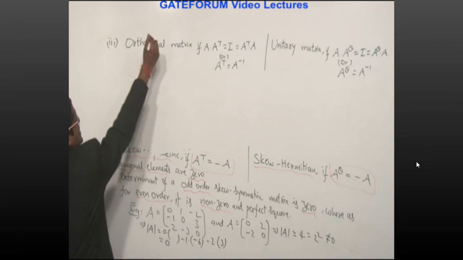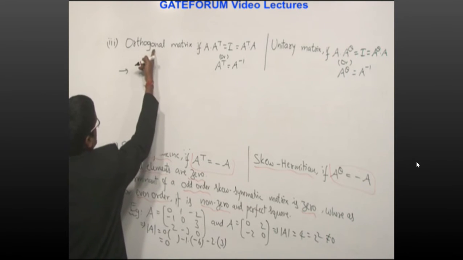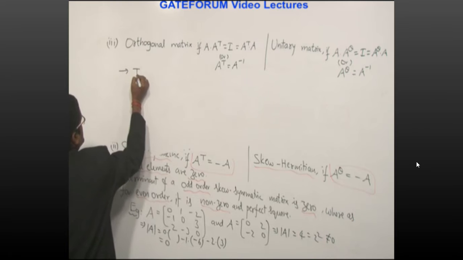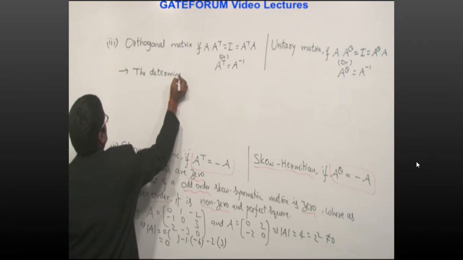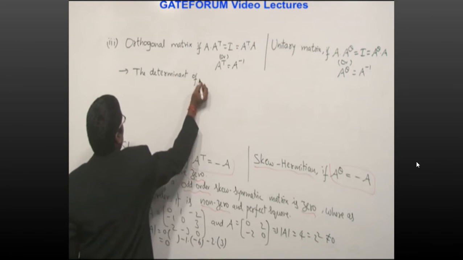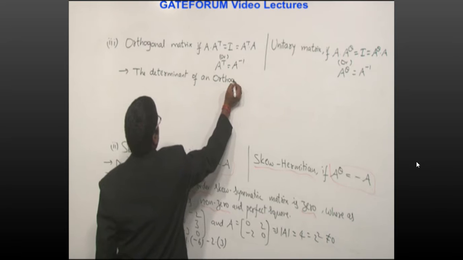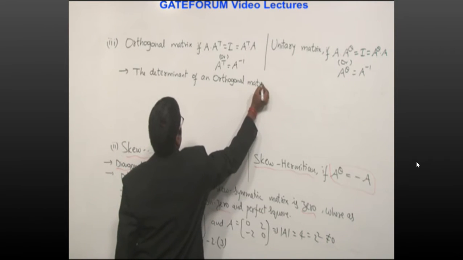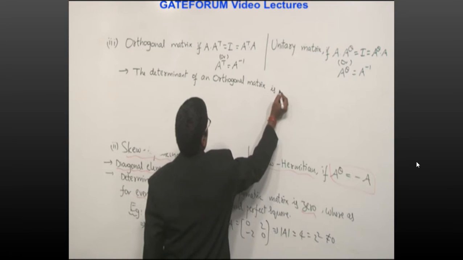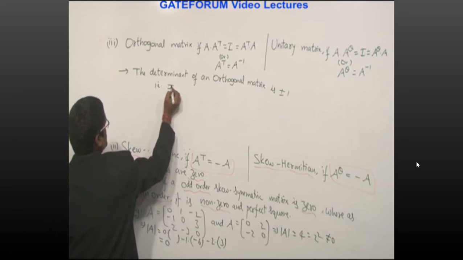Now, in this, one important point regarding the determinant using the orthogonal matrix definition. The determinant, very, very important, of an orthogonal matrix is plus or minus 1.